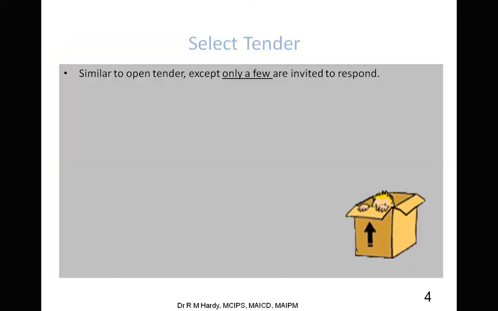Now, a variation of the open tender is the select tender. So this works in exactly the same way as the open tender. The only difference here is that we will invite a number of builders to tender for the job.